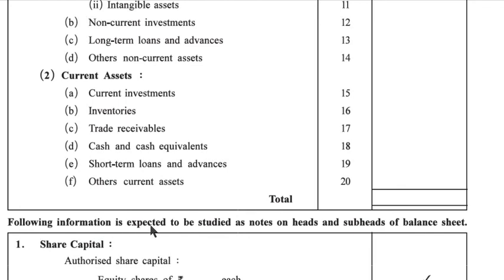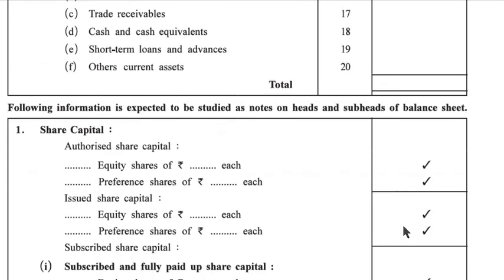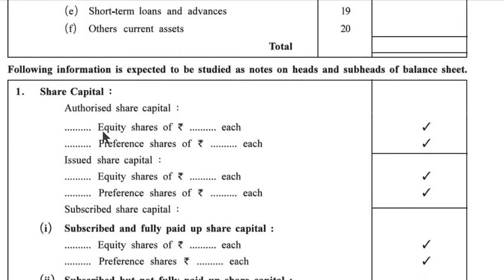The following information is expected to be studied as notes on head and subhead of a balance sheet. Share capital. Authorized share capital: equity shares of rupees each, preference shares of rupees each. Issued share capital: equity shares of rupees each, number of equity shares and rupees, number of preference shares and rupees. Subscribed share capital, and afterward we have to write the total here.